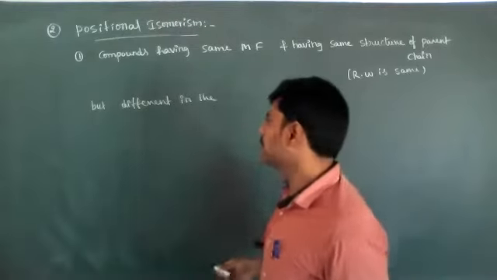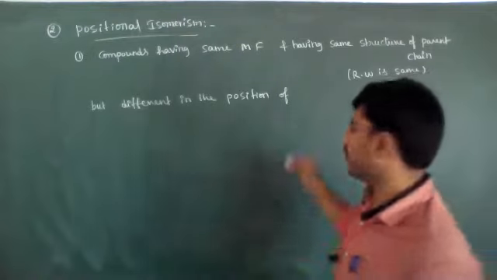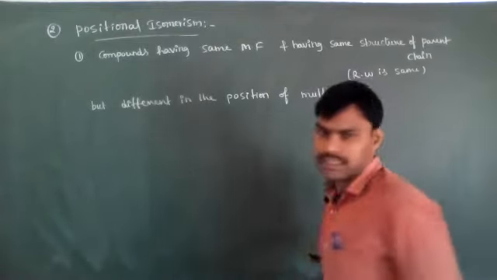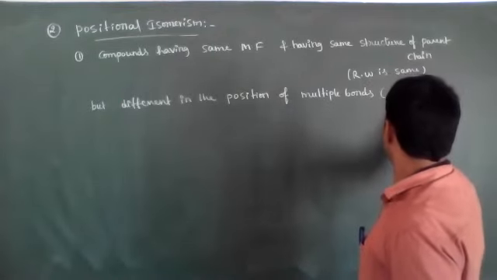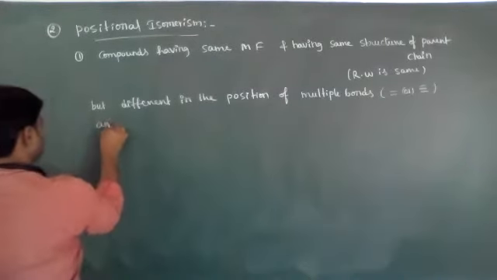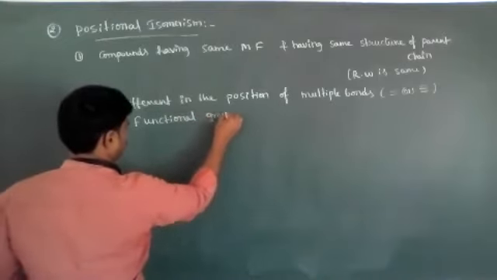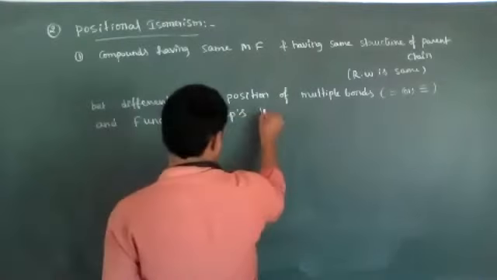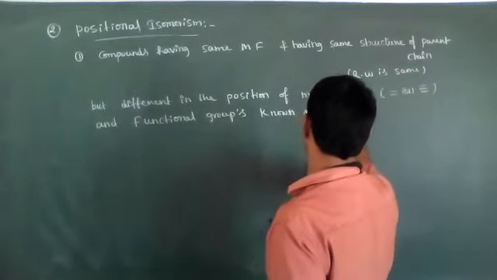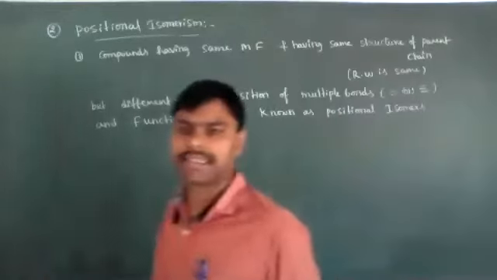The difference is in the position of multiple bonds, meaning double bonds or triple bonds, and functional groups. These are known as positional isomers, and the phenomenon is known as positional isomerism.